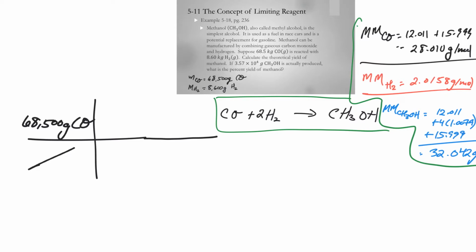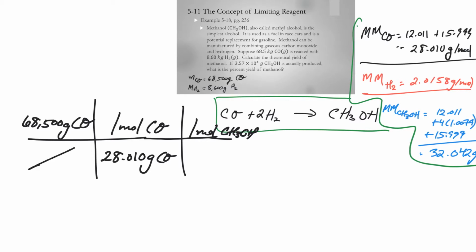So we divide by its molar mass, 28.010, multiply by the mole ratio, 1 to 1, and then multiply by the molar mass of methanol, 32.042.